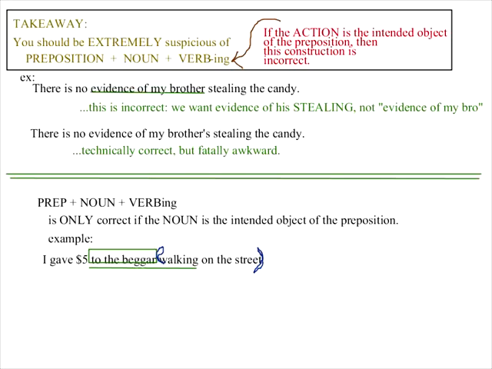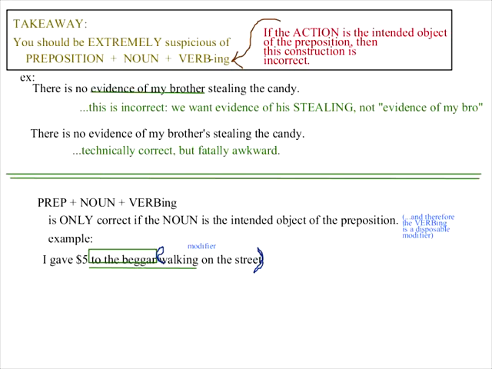So that part there is totally disposable because it's a modifier. And so you wind up with a simple prepositional phrase. So that's the only condition under which this is allowed to be correct. But if the verb ing is an actually necessary part of this prepositional phrase, then it's wrong.